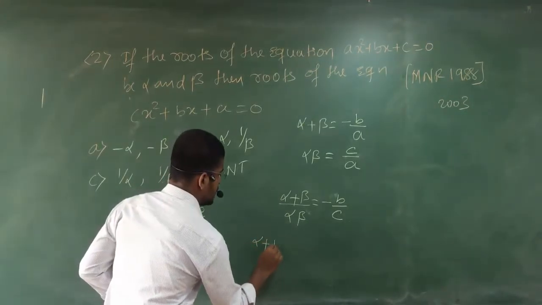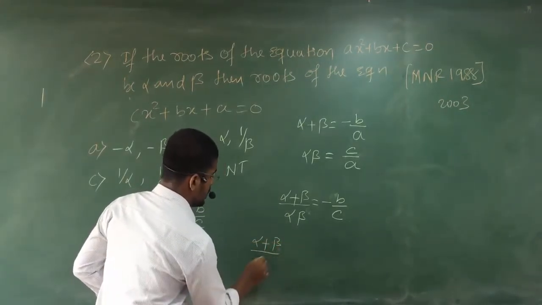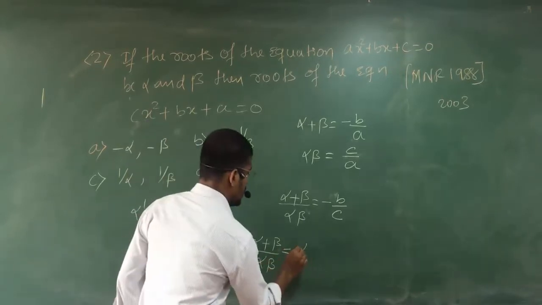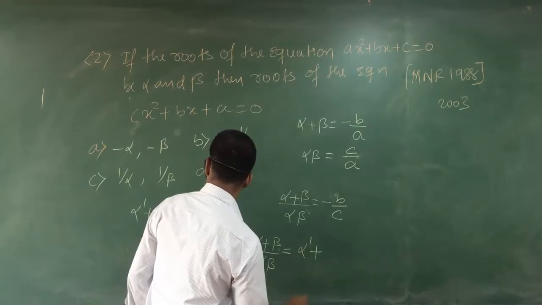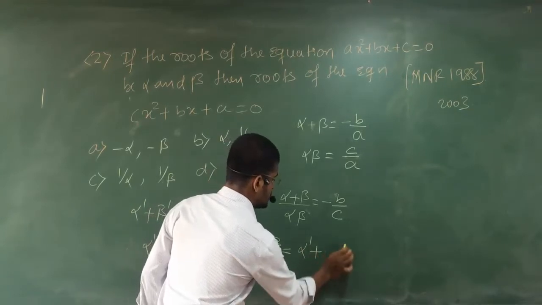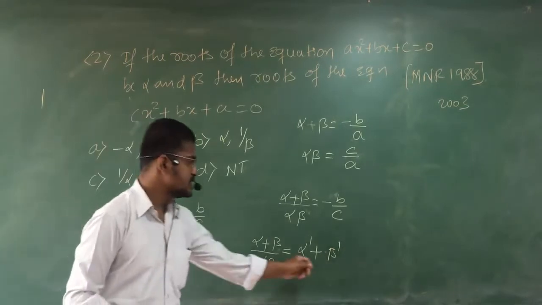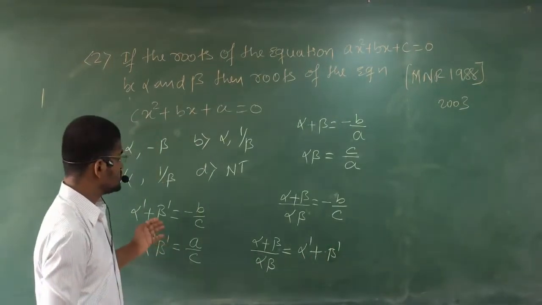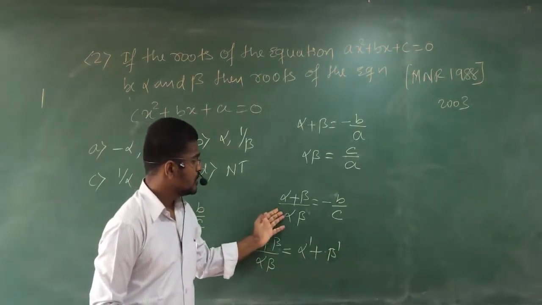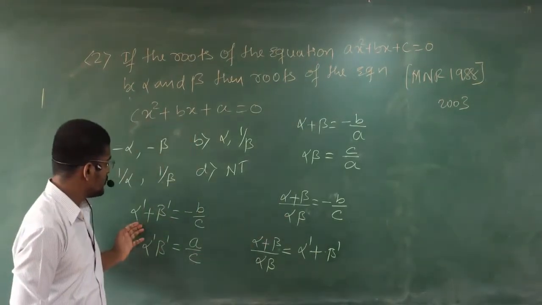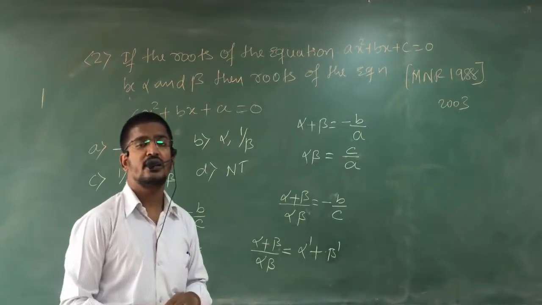Alpha plus beta divided by alpha into beta equals alpha dash plus beta dash. That is the relation between alpha plus beta divided by alpha into beta and alpha dash plus beta dash.